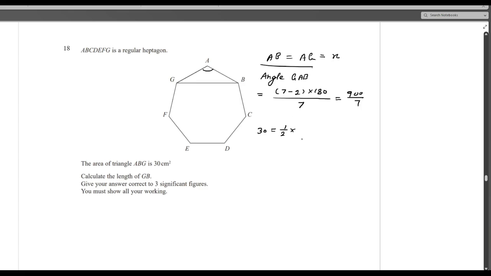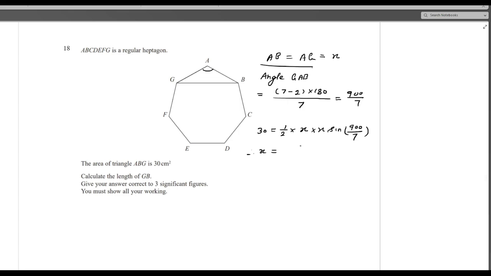Let us consider this as X. So 1 by 2 times X times X times sine of the angle between them, which is 900 divided by 7. So this will give me the value of X square as 30 times 2 divided by sine of 900 divided by 7.